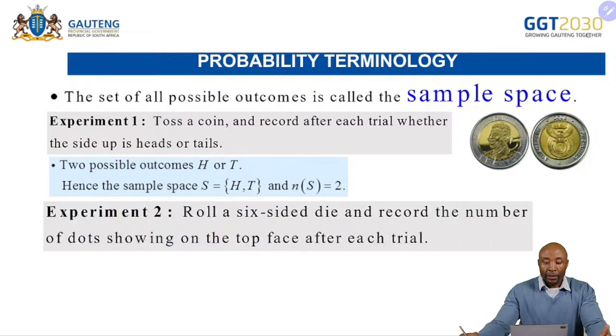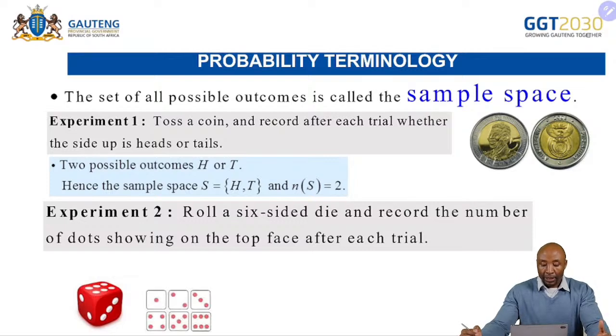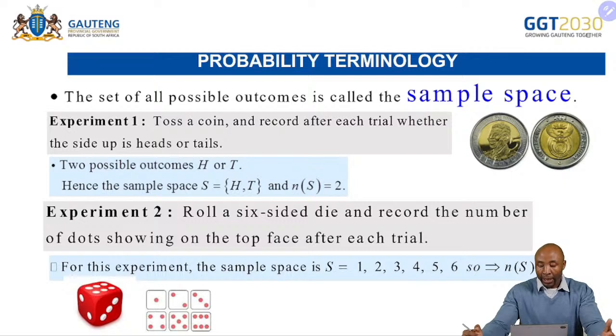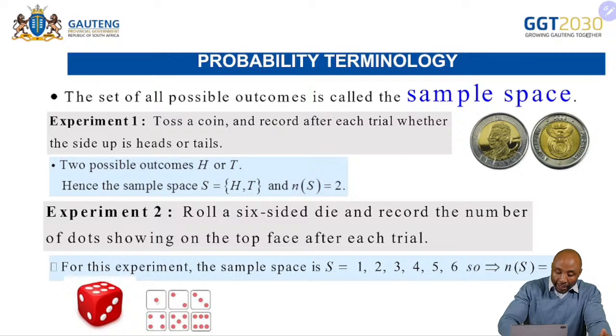And then experiment 2, you are rolling a dice and we record the number that appears. We know this dice and we are able to see the outcomes it may land on, and our sample space is given as that. And the number in our sample space becomes 6 because it can land on a 1, on a 2, on a 3, on a 4, on a 5, or on a 6.